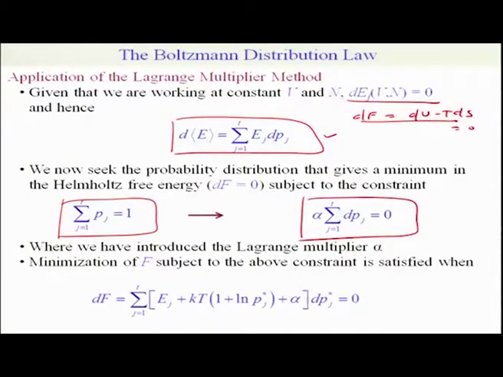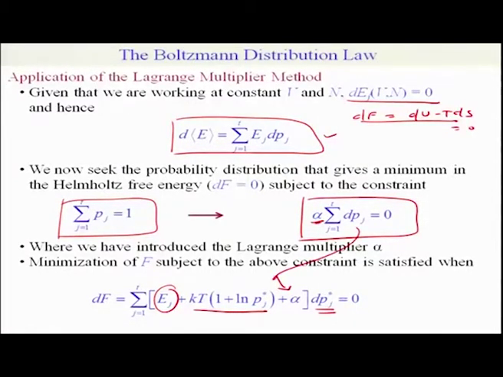Here we have introduced the Lagrangian multiplier alpha, and to minimize F we now plug in this expression: dF is equal to dU, the differential of the average E, which is this, multiplied by dP, minus T dS, which is this, plus this alpha times dP here.